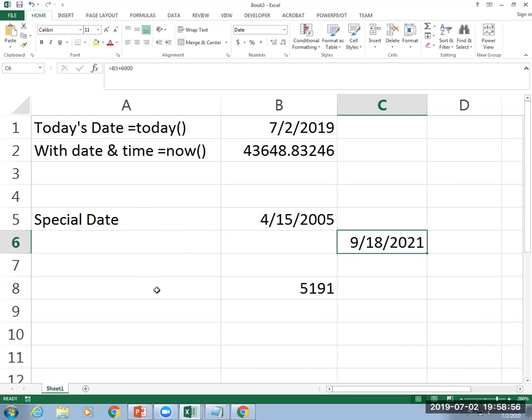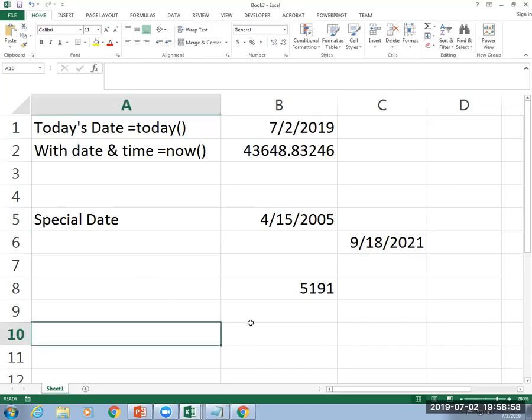Another kind of fun one is to find out how many years old something is. To do that, it is equals YEARFRAC, and then date 1, date 2.